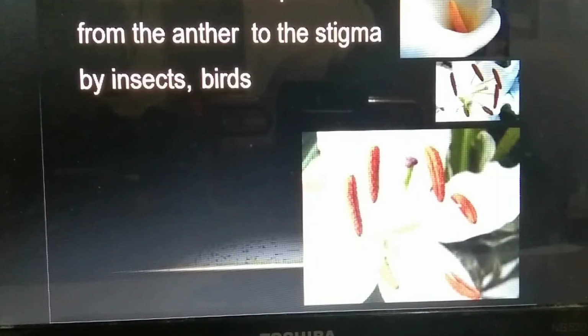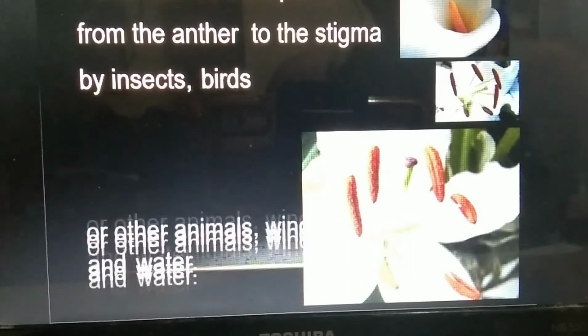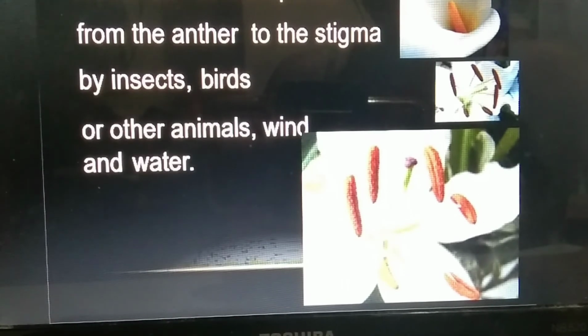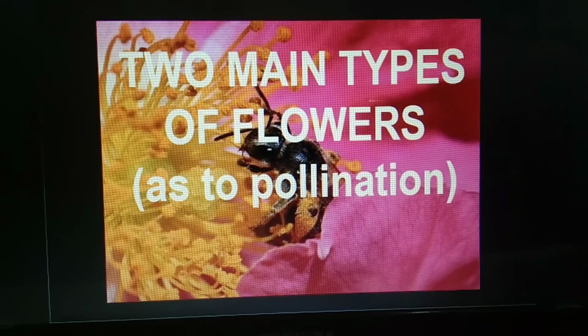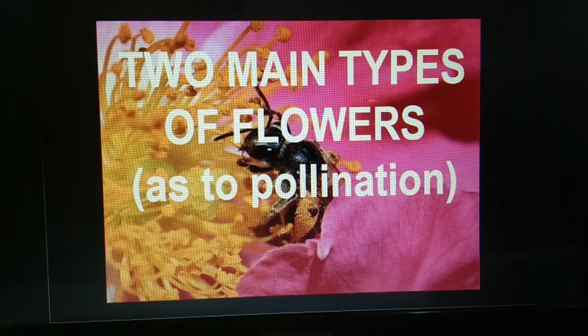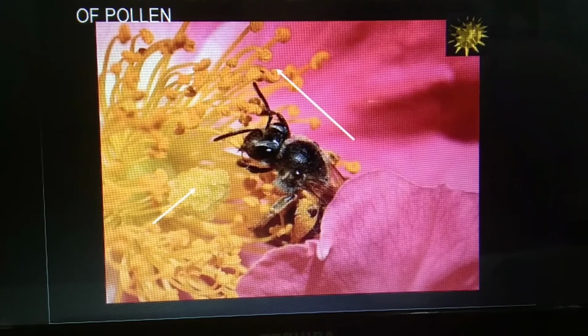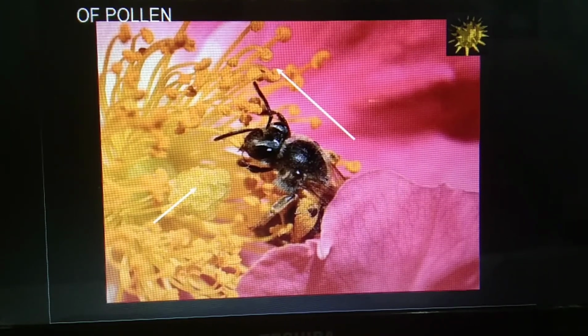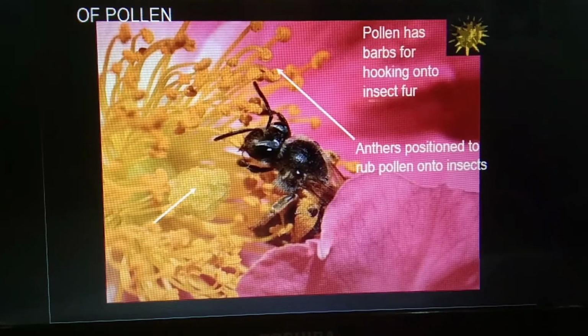Pollen can be transported from the anther to the stigma by insects, birds, or other animals, and wind and water. And these are the two main types of flower as to pollination. First, the insect-pollinated flowers. These flowers are adapted to attract insects to them to enable the transfer of pollen.